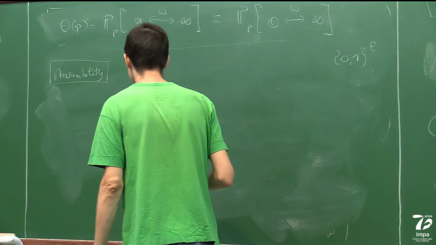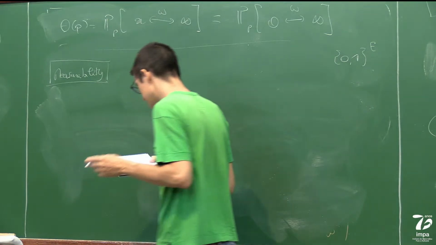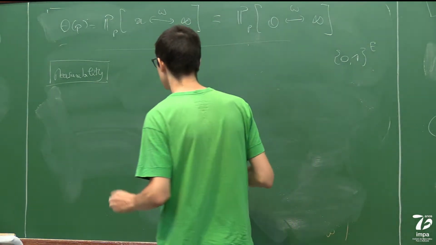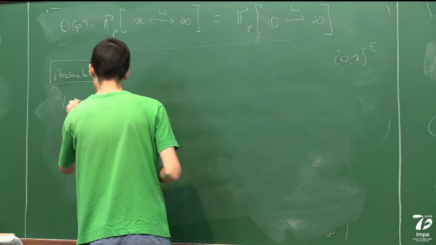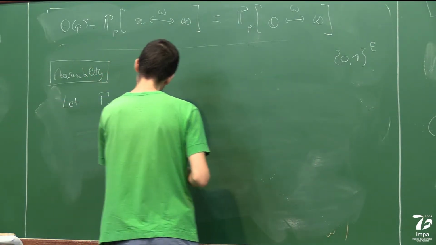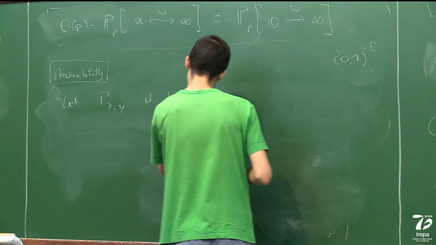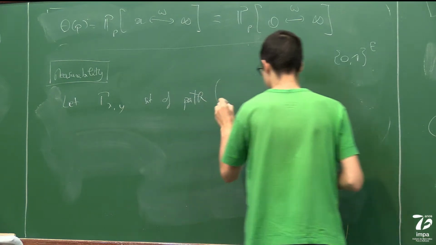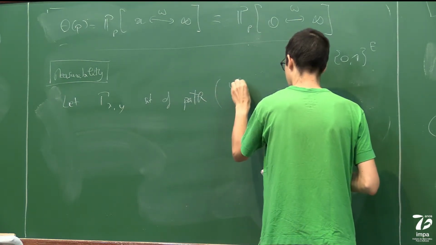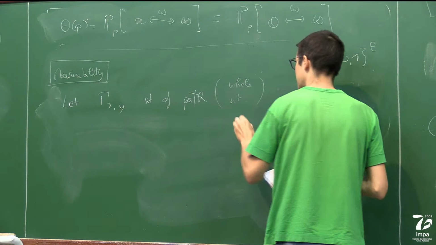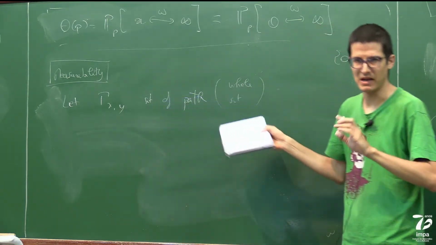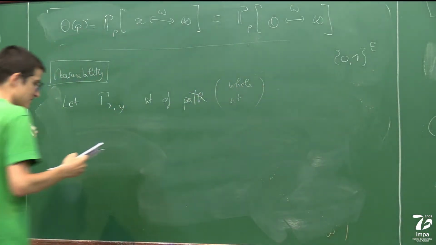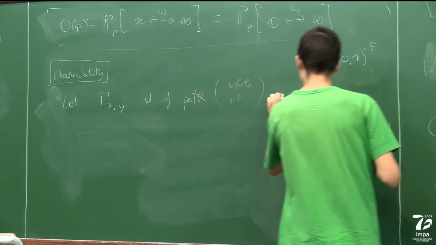So, let me first check that the event x is connected to y is measurable. We let gamma_xy be the set of paths. I'm not saying the set of open paths, the whole set of paths from x to y.